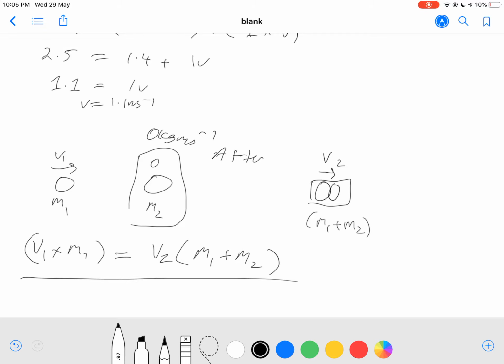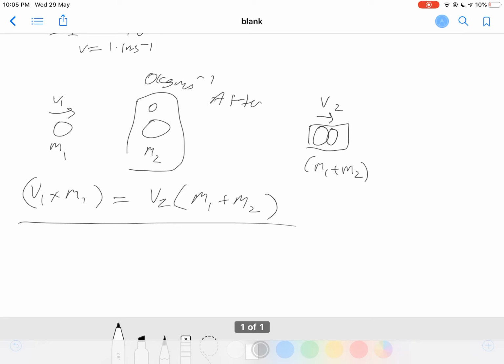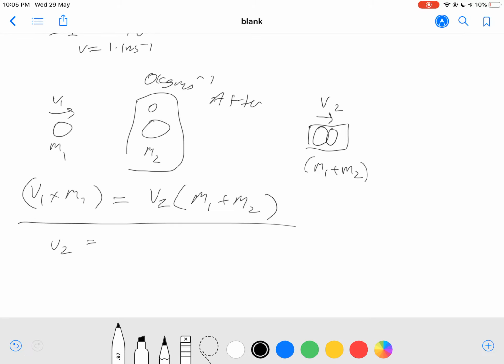So v2 equals v1 times m1 divided by m1 plus m2. This is how you figure out the velocity of both balls combined.